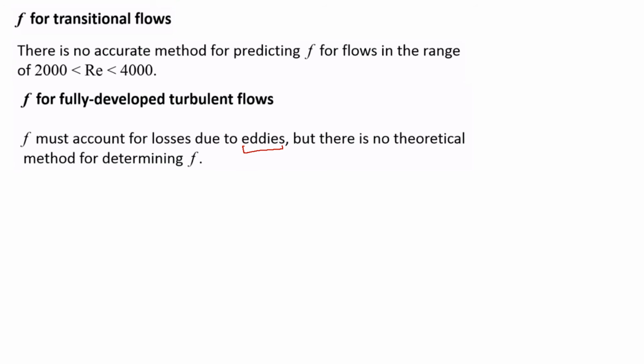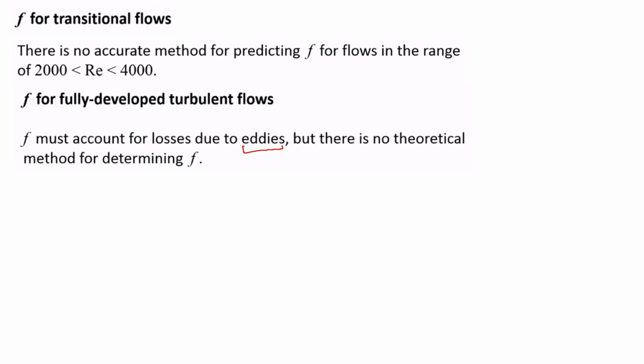But there is no theoretical method for determining the friction factor. As you can see, we derived a friction factor for our laminar flows using a theoretical method. But for turbulent flows, there is no actual theoretical method. We will rely heavily on experimental and empirical formulas.